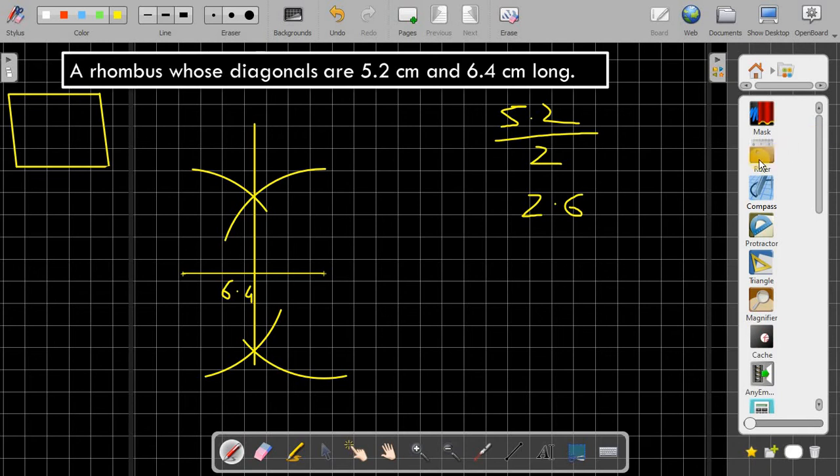At the end you can use the compass again. Here you have to take the measurement of 2.6 centimeter, and you have to draw the arc. This is one, this is second.